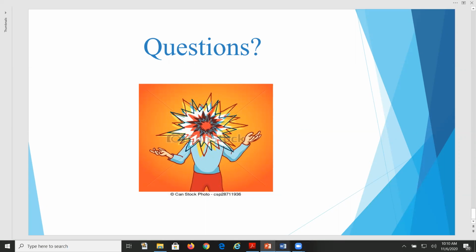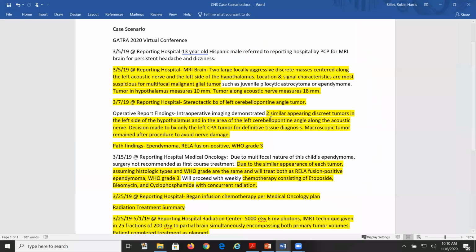Okay. So looking at our case scenario, I hope you all had a little bit of time to look over that. But I have gone through and just highlighted the points in the scenario that are relevant to our coding of the case. So we have a child who presented to the reporting facility for an MRI because of headaches and dizziness.